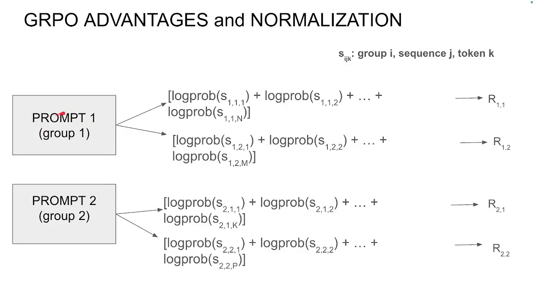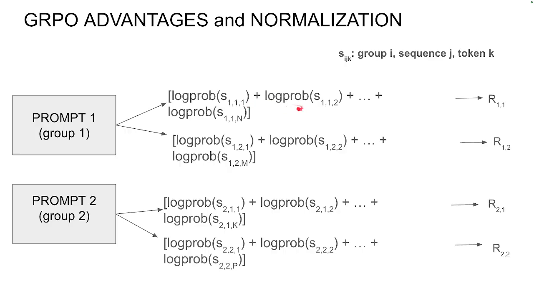Let's say for prompt 1, you generate this action, and you generate another action, and then you sum the log probs and you get the reward. And the notation S111 means you belong to group i, or group 1 or 2, sequence j. Here we have two sequences, so sequence 1 and 2, and token k.